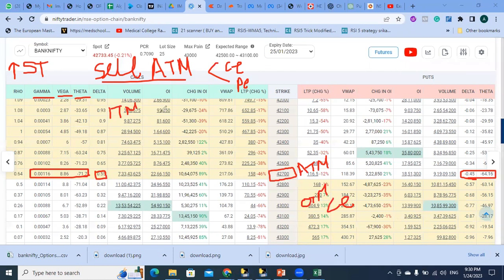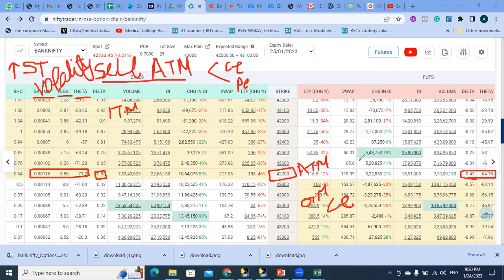But if there is a volatility spike in the market, which premium will increase the most? The premium of at the money call and put options will increase more because of it.